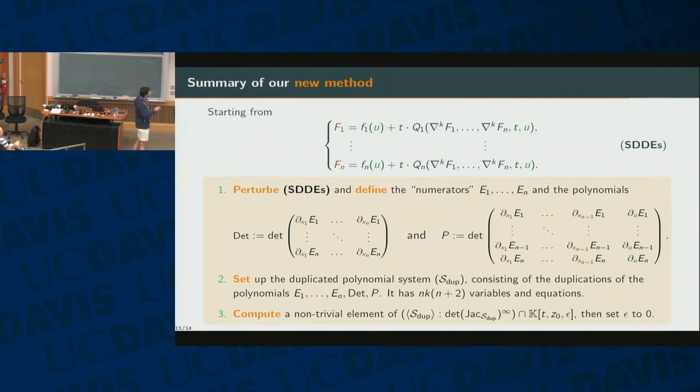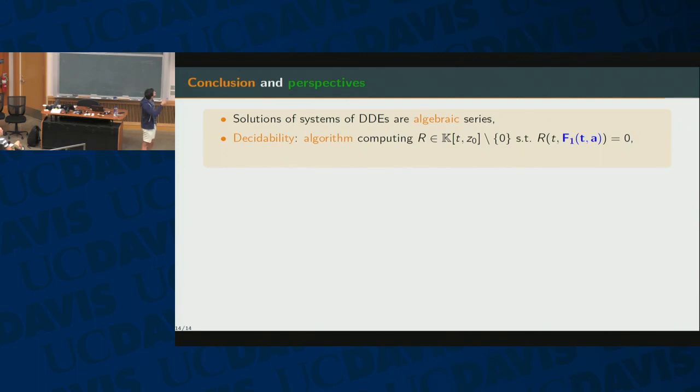And now to summarize, we have seen that solutions of systems of discrete differential equations are algebraic series. And we now have an algorithm which computes any of the specializations of interest. From this polynomial, we can deduce more properties of the initial sequences.